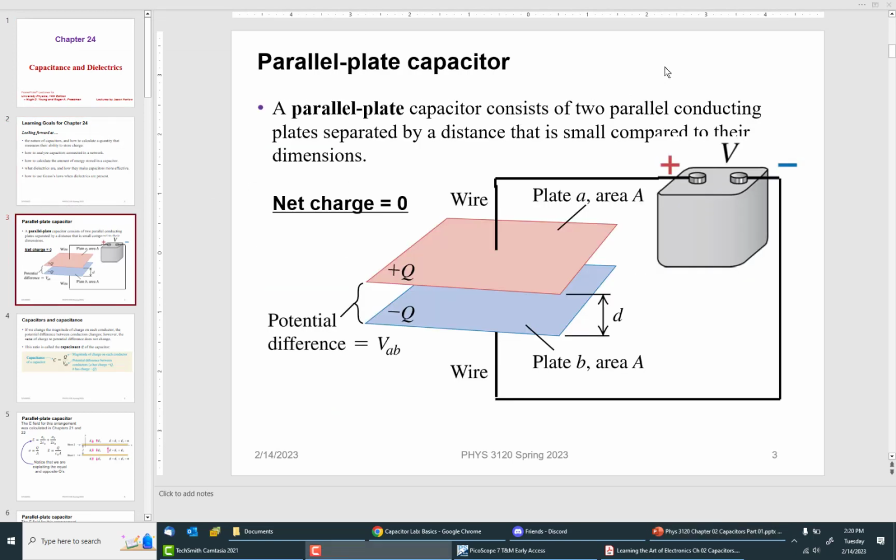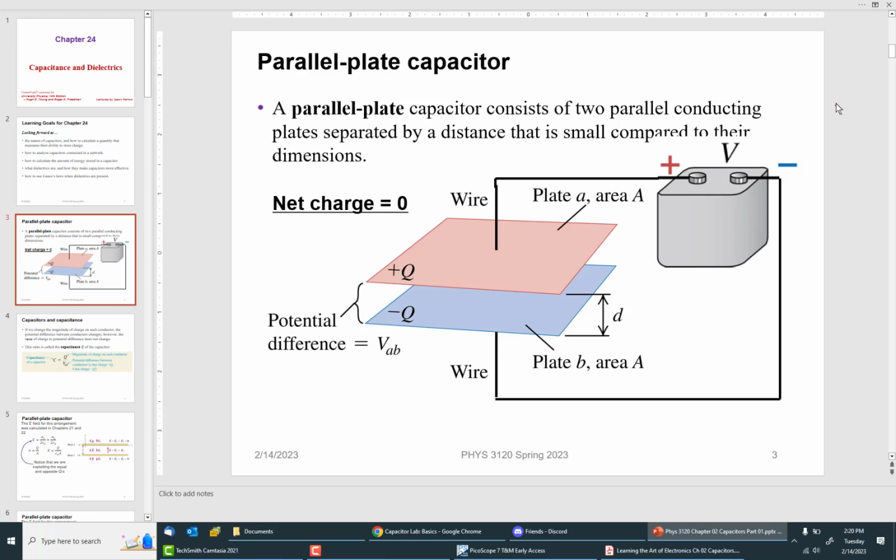So this is the basic model of a capacitor. In fact it works for all of them, and they mostly all look like this inside, although capacitors come in many shapes. You see there are two plates, and you have a separation.